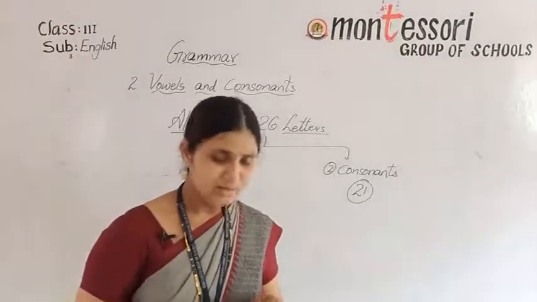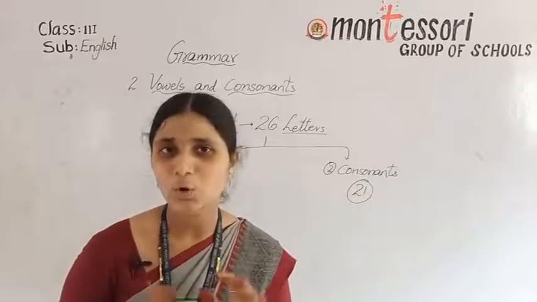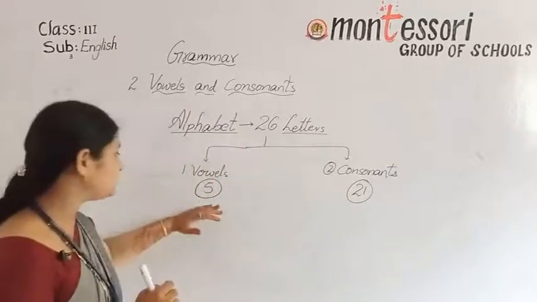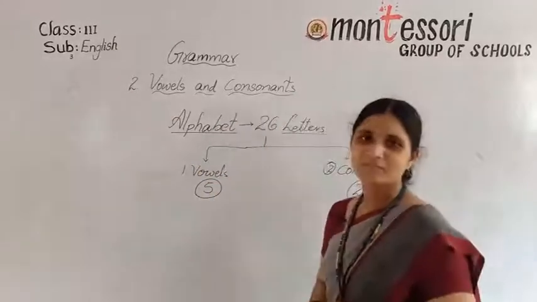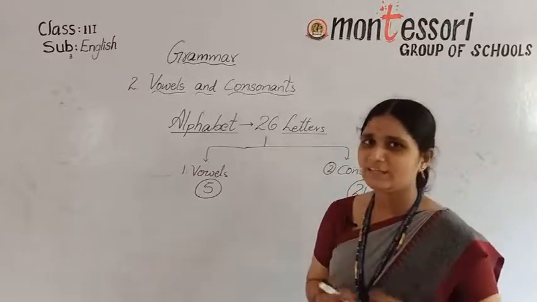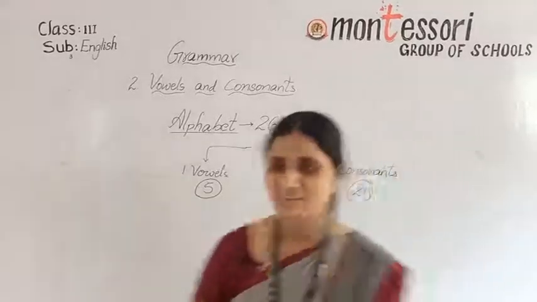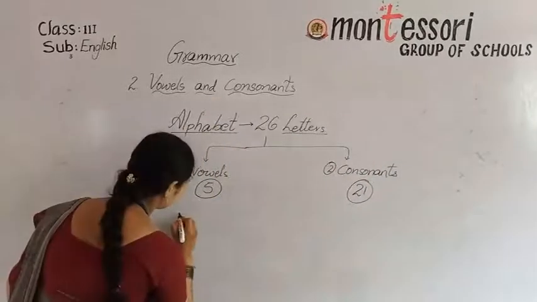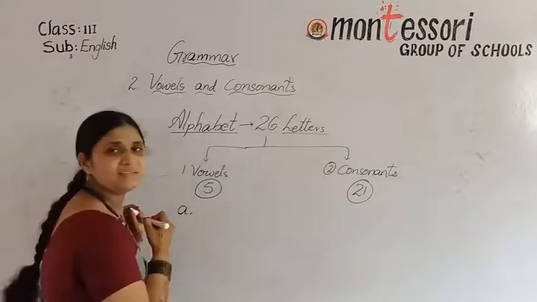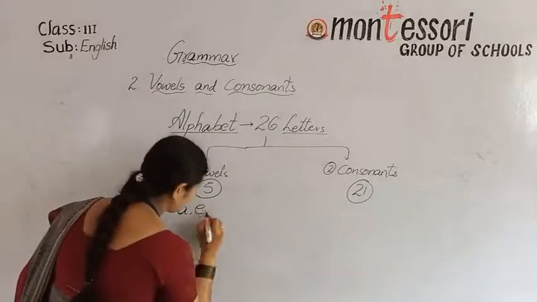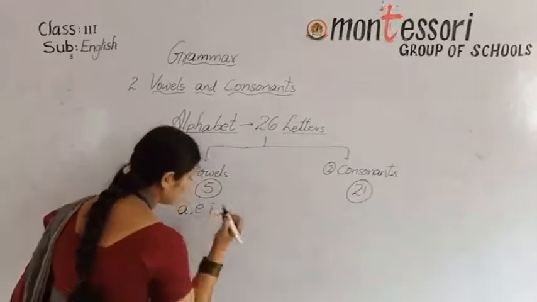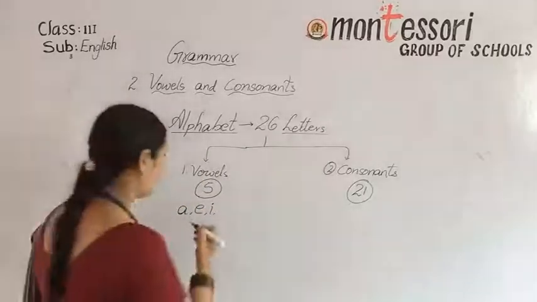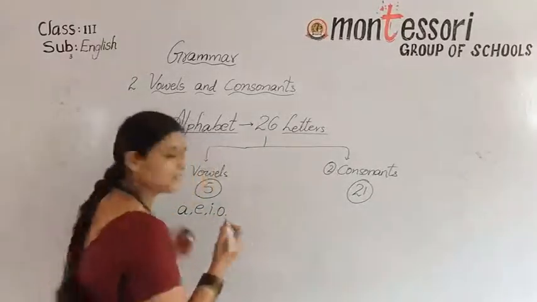Now, my dear, can you tell me what are vowels? What are these 5 letters? Say loudly. A, E, I and O. Then we have one more.